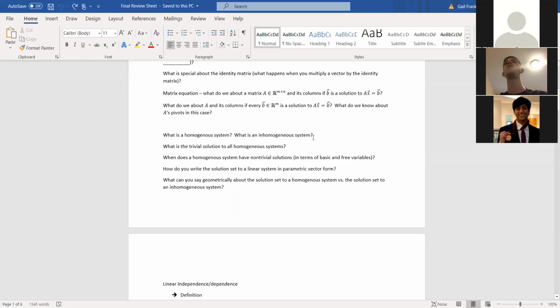And that only occurs when you have free variables, because those free variables can be anything. So you will still have the 0 vector as a solution if you have free variables in a homogeneous system, but you'll also have other solutions. And that's what parametric vector form is for. You can write the solution set to any linear system.